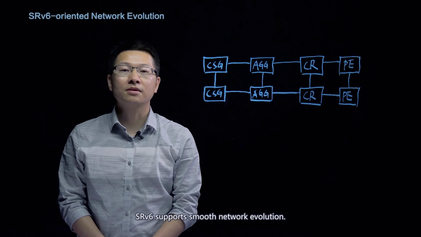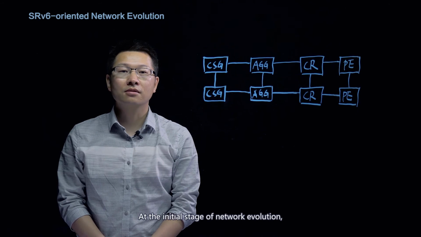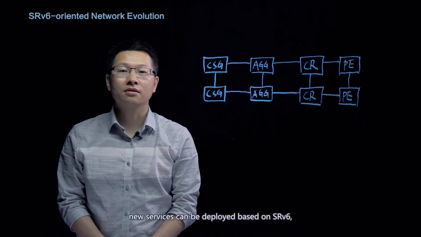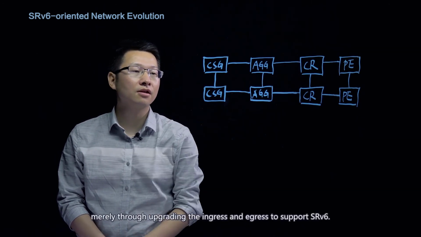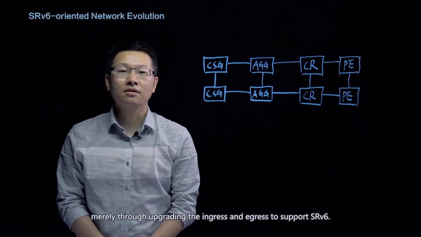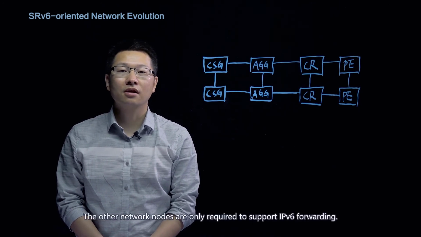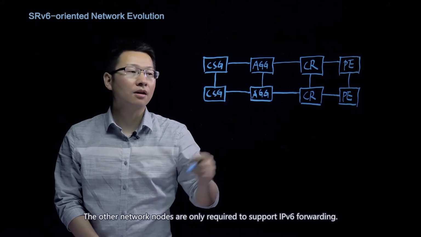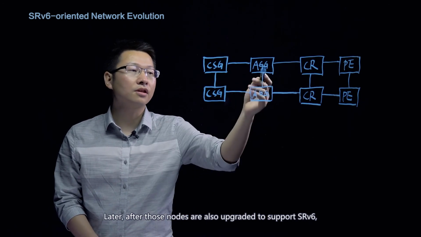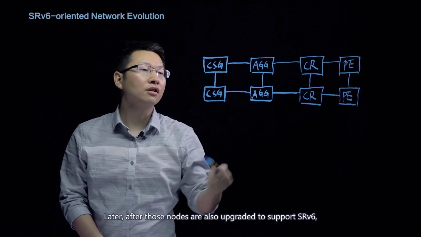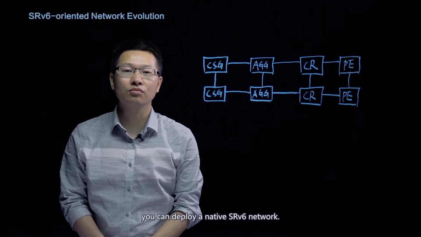SRv6 supports smooth network evolution. At the initial stage of network evolution, new services can be deployed based on SRv6 merely through upgrading the ingress and egress to support SRv6. The other network nodes are only required to support IPv6 forwarding. Later, after those nodes are also upgraded to support SRv6, you can deploy a native SRv6 network.